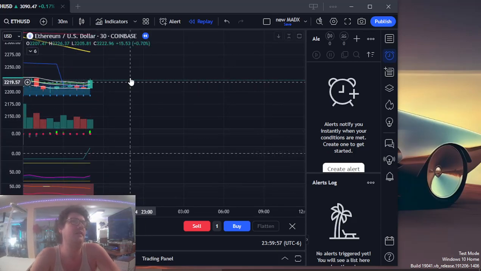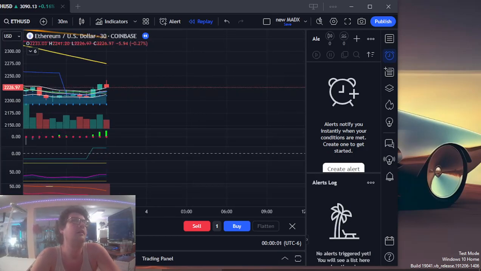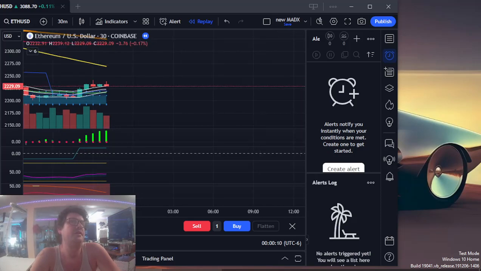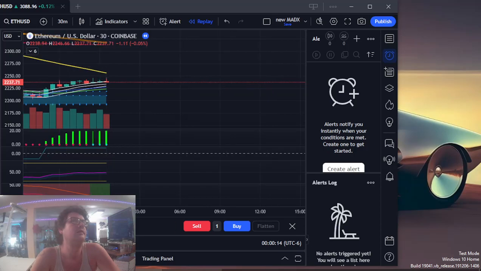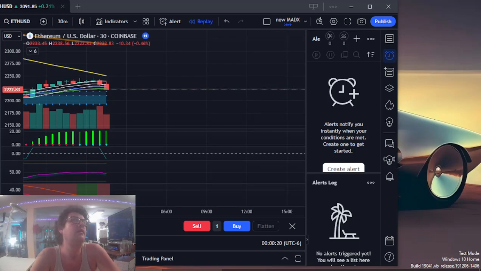Bad volume pattern. Nope. It's kind of an example of passing through a moving average being an indication of momentum. See, it went up quite a bit.